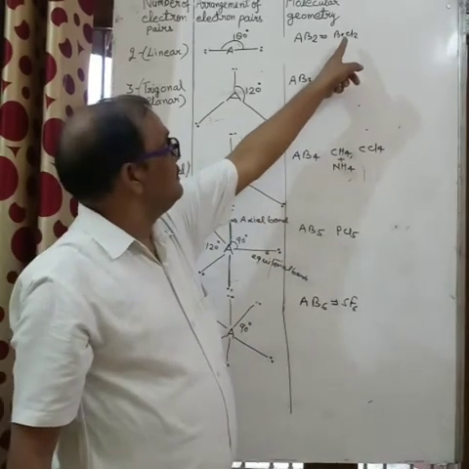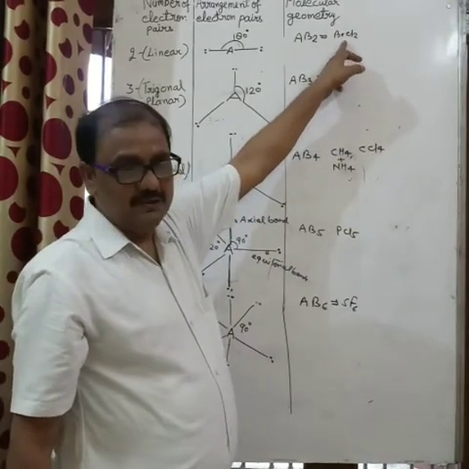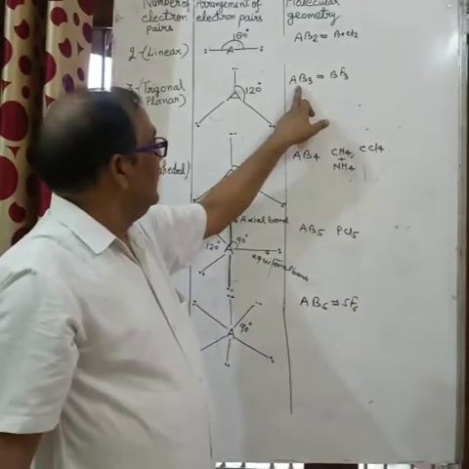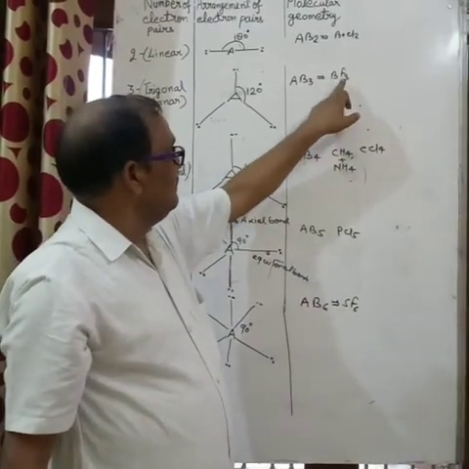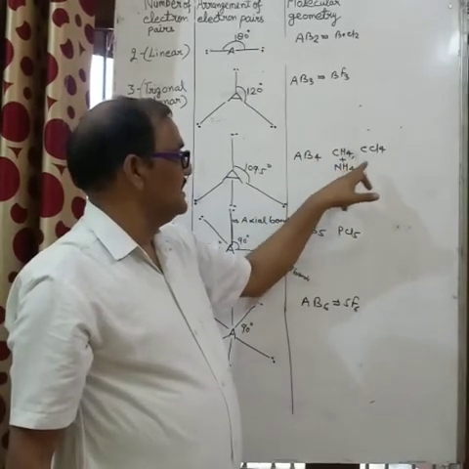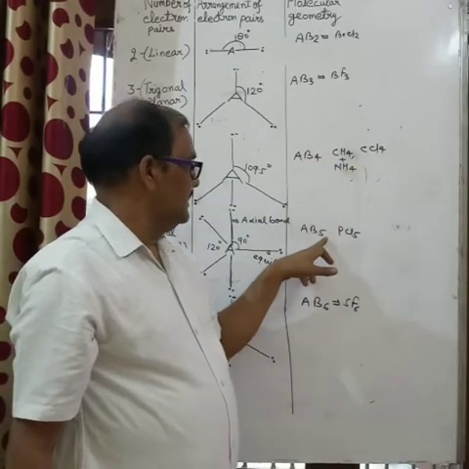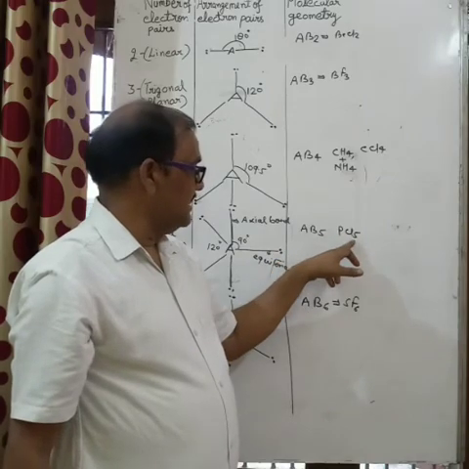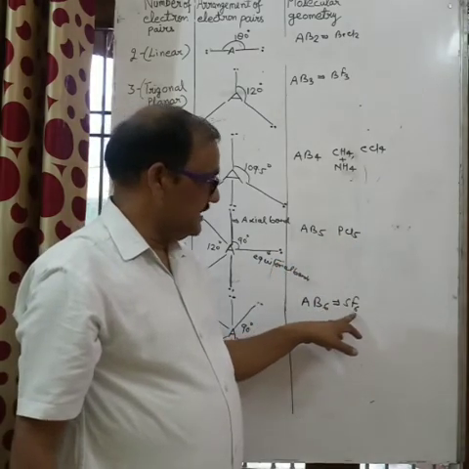And the common examples: AB2 type like BeCl2, BeF2. And AB3, BF3. AB4 type like CH4, CCl4, NH4 positive, and AB5, PCl5, and AB6, SF6.